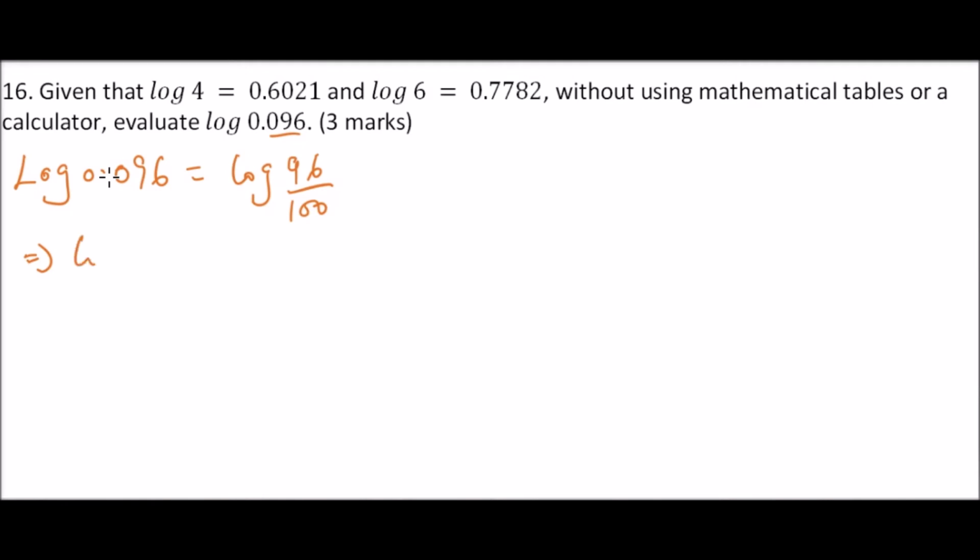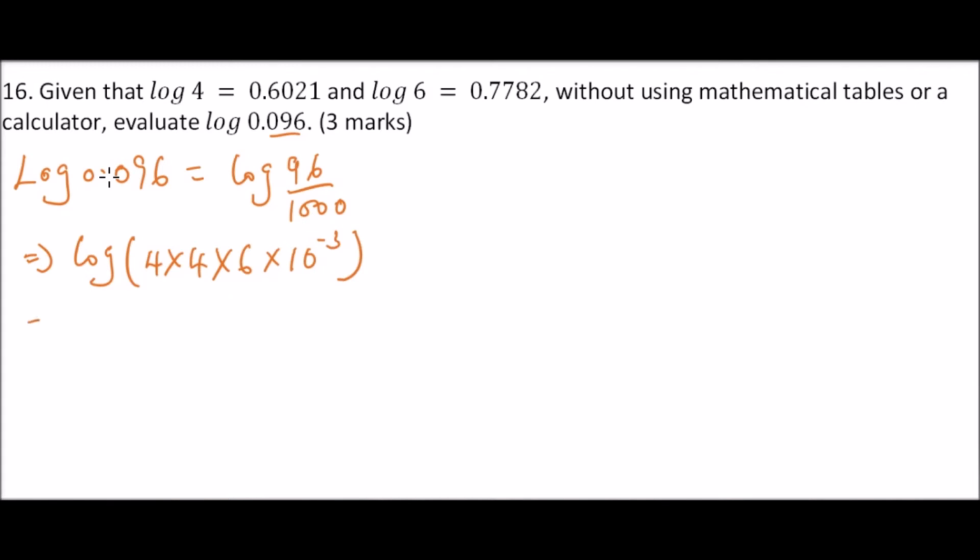So this is the logarithm of 4 times 4 times 6, that is the same as 96. And here is 1000, you multiply by 10 to power minus 3, which is the same as 1 over 1000.